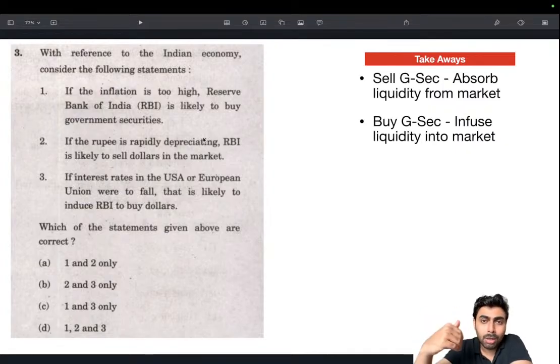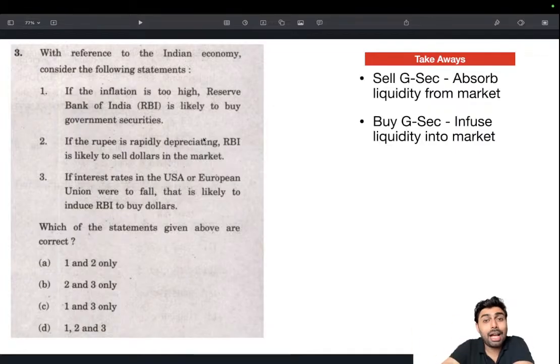In return, they will be giving their money, meaning that by selling those government bonds, RBI is taking money from the market. It could be retailers or others. So selling a government security means RBI gives the bond and takes the money.